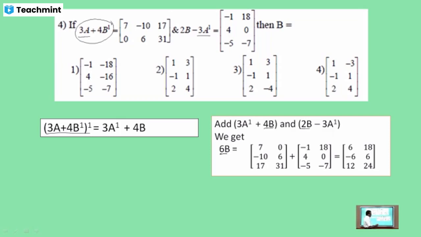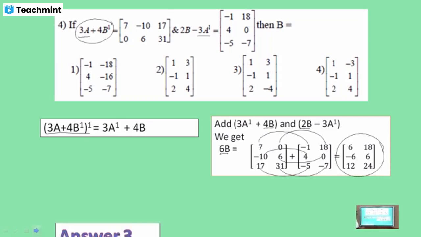What is the rule for addition of matrices? While adding the matrices, I have to add the corresponding elements: 7 and -1, 0 and 18, -10 and 4, 6 and 0, 17 and -5, 31 and -7. When I add and simplify, I get this matrix. As you know, the left hand side is 6B.